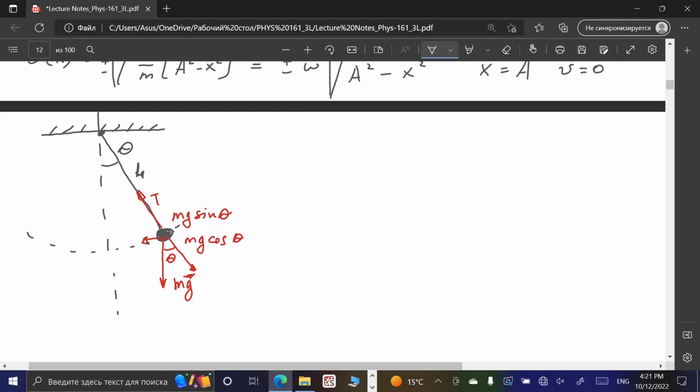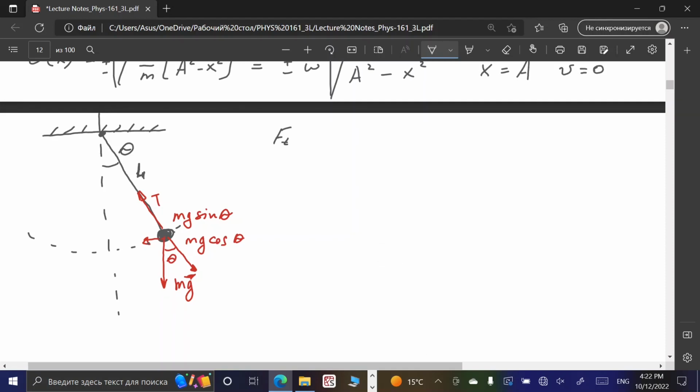And according to the second law of motion, this tangential force, which is mg times sine theta, should be equal to mass times tangential acceleration.